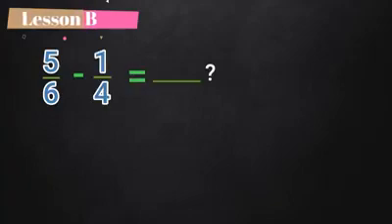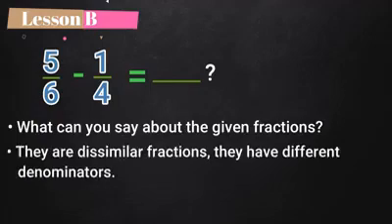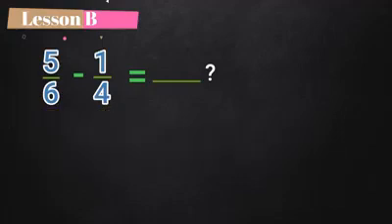Lesson B. Given is 5/6 minus 1/4 equals blank. What can you say about the given fractions? Yes, they are dissimilar fractions. They have different denominators. This is how to subtract dissimilar fractions.